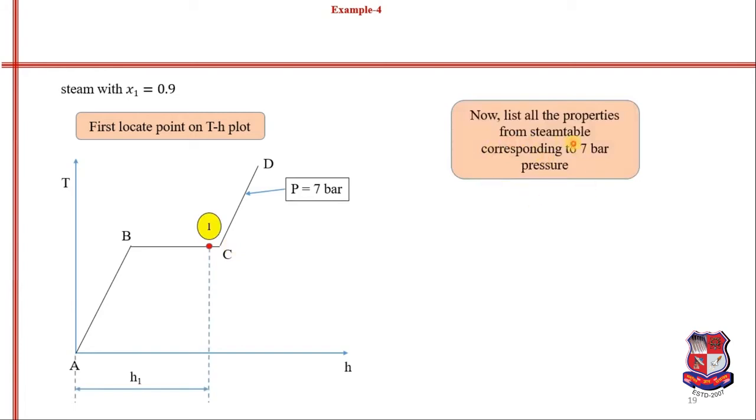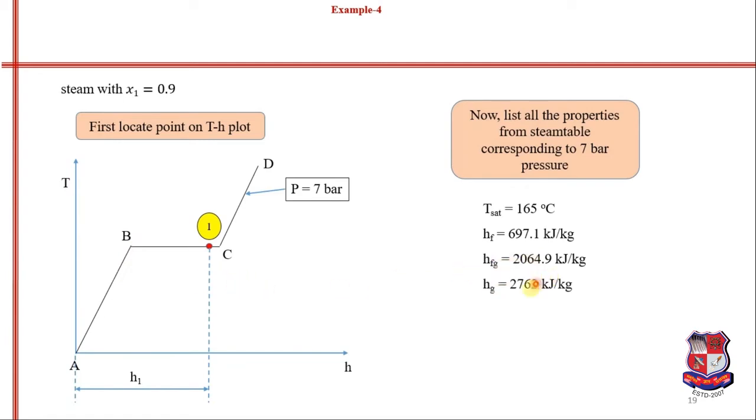List all the properties from the steam table corresponding to 7 bar pressure. Okay, so hf, the enthalpy of fluid, meaning enthalpy up to point B, is 697.1 kilojoule per kg. Saturation temperature for 7 bar pressure is 165 degrees Celsius. hfg, the enthalpy of evaporation, meaning enthalpy between point B and point C, is 2064.9 kilojoule per kg.